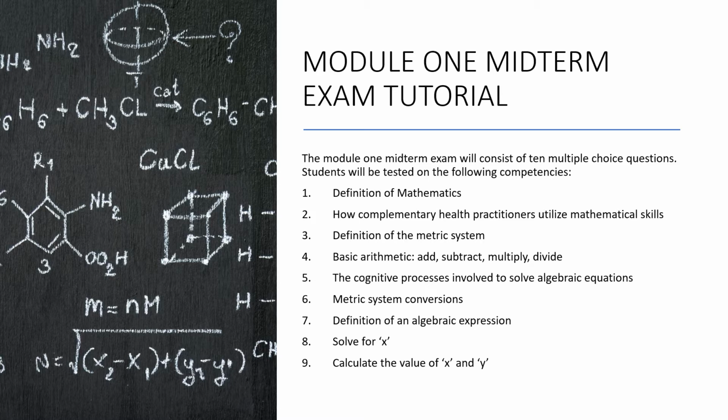Students will be tested on the following competencies: definition of mathematics, how complementary health practitioners utilize mathematical skills, definition of the metric system, basic arithmetic, adding, subtracting, multiplying, and dividing, the cognitive processes involved to solve algebraic equations, metric system conversions, definition of an algebraic expression, solve for x, and calculate the value of x and y.